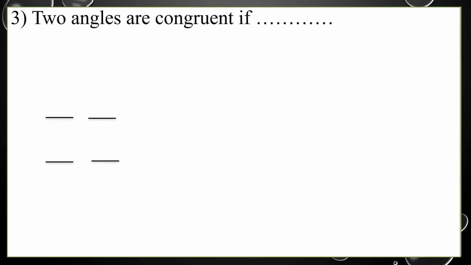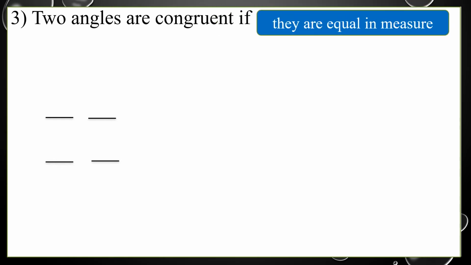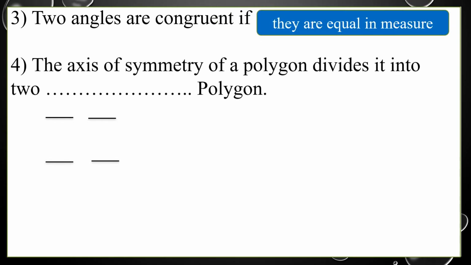Two angles are congruent if they are equal in measure. The axis of symmetry of a polygon divides it into two congruent polygons.